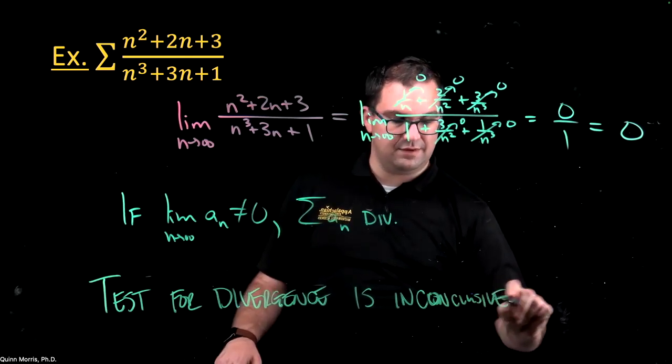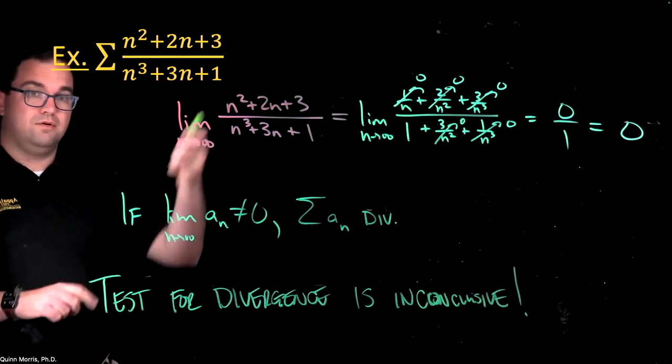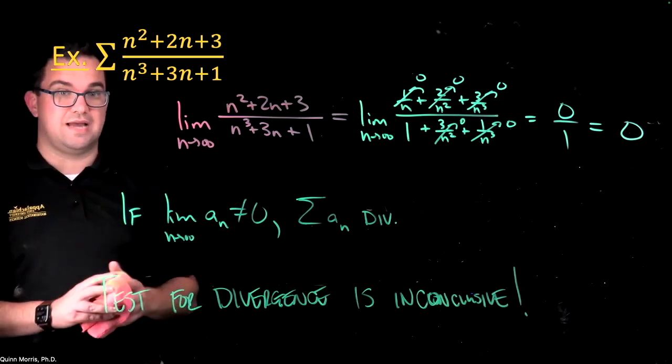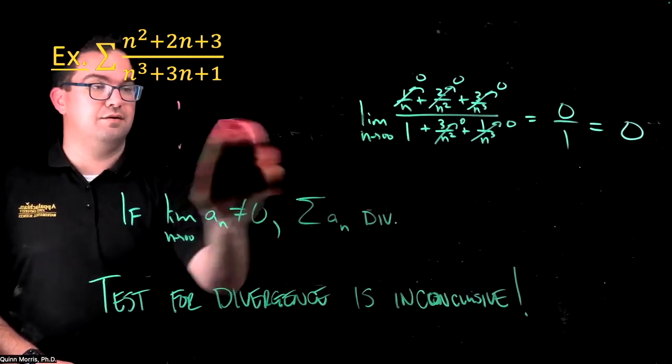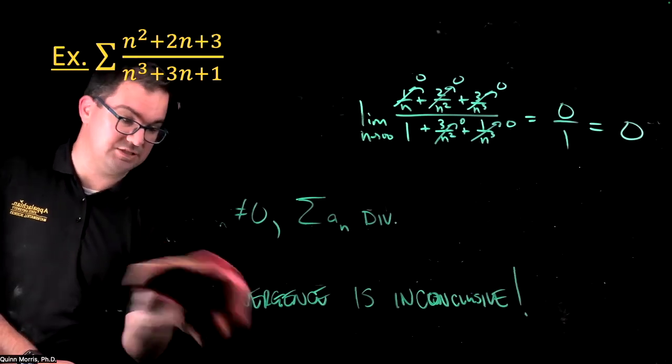It doesn't tell me anything about whether this series converges or diverges. Now, we're going to develop tools before too long that will help us deal with a series exactly like this. But for now, the test for divergence doesn't tell me anything about the convergence or divergence of that series. I just don't know.